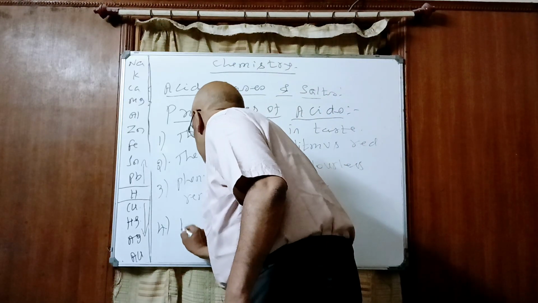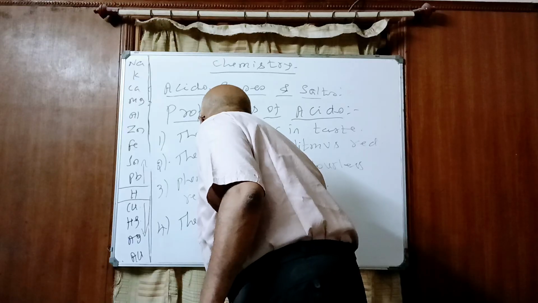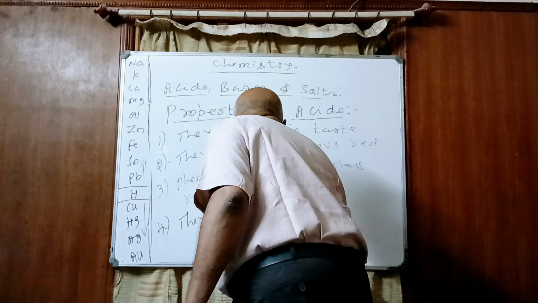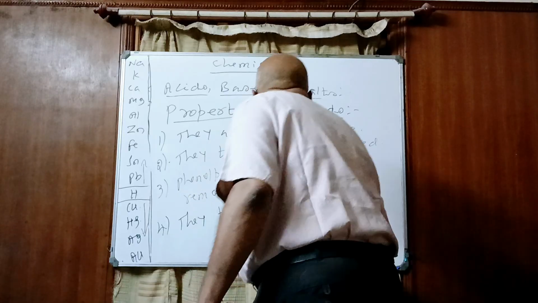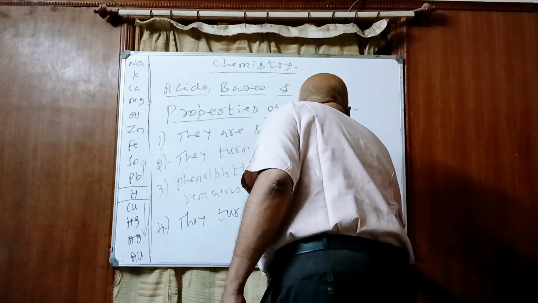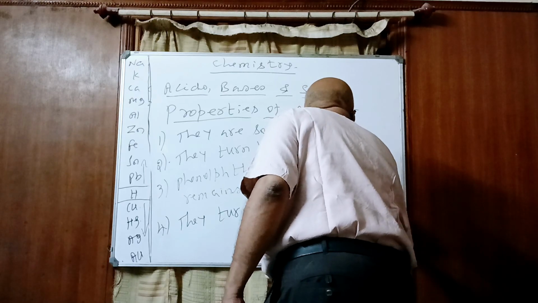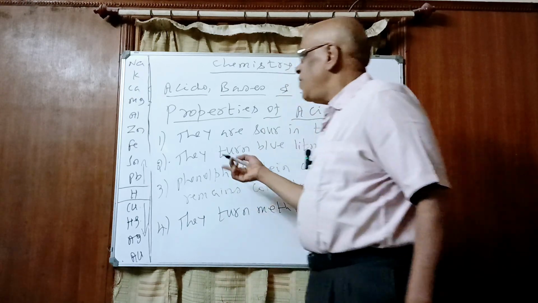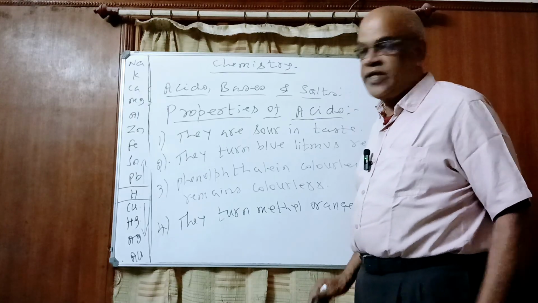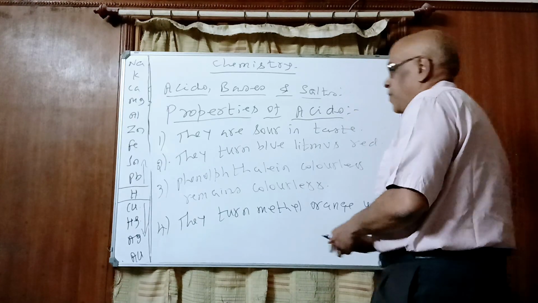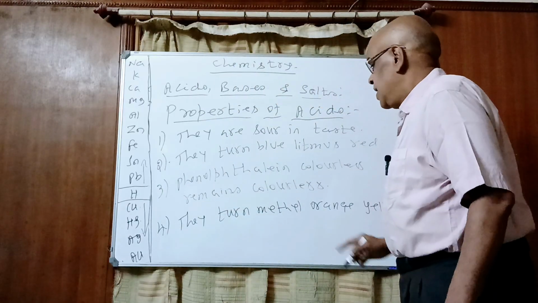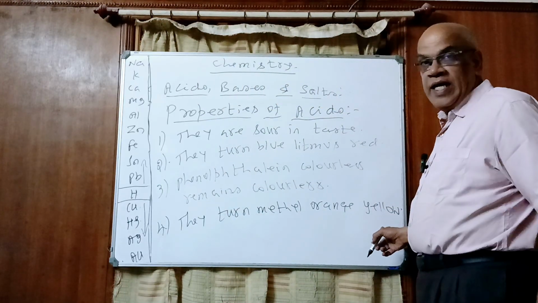Acids turn methyl orange yellow. See children, what we discussed in indicators, the same thing we are writing in properties of acids. Yes or no, children?